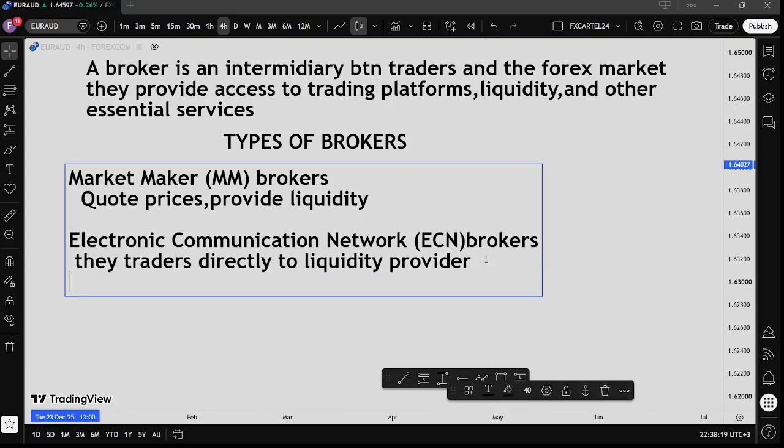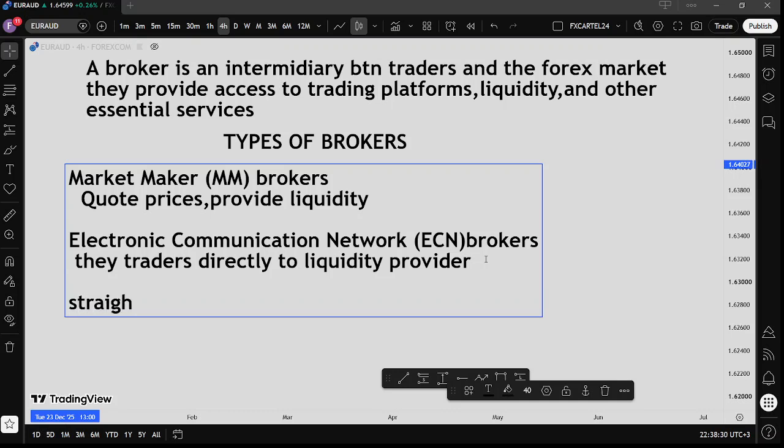Let's look at others. We have what we call straight through processing, STP brokers.